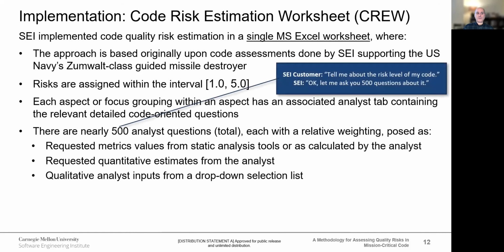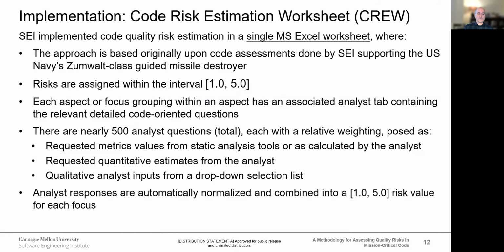There's nearly 500 of these detailed analyst questions with relative weighting, and they're posed as one of 3 types: either requested metrics, values that are pretty much straight out of static analysis tools, requested quantitative estimates from the analyst, which usually require additional calculations to be made, or qualitative analyst inputs from a drop-down selection list.